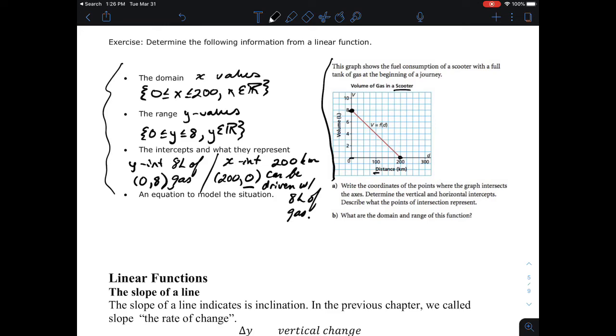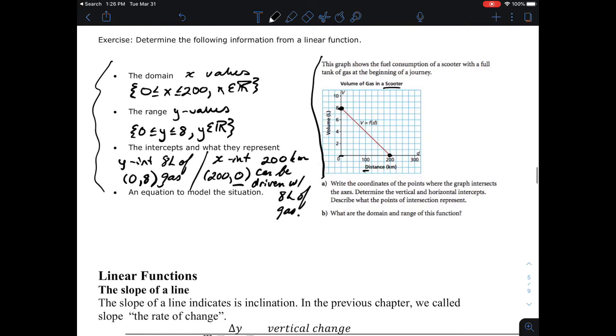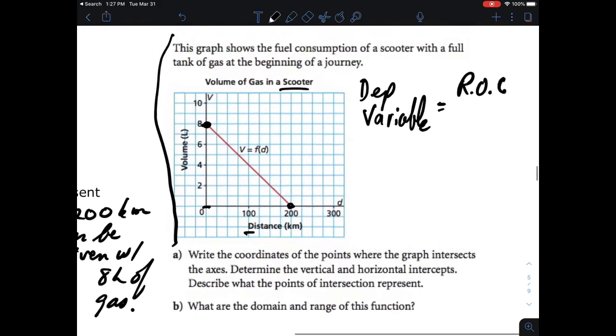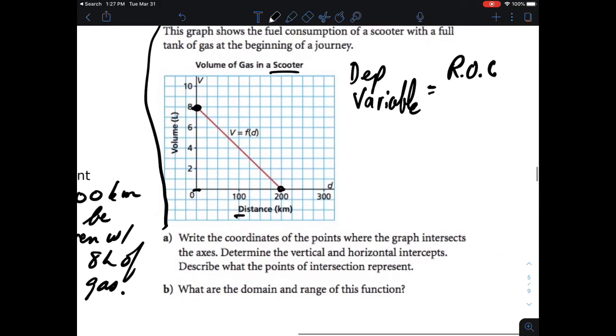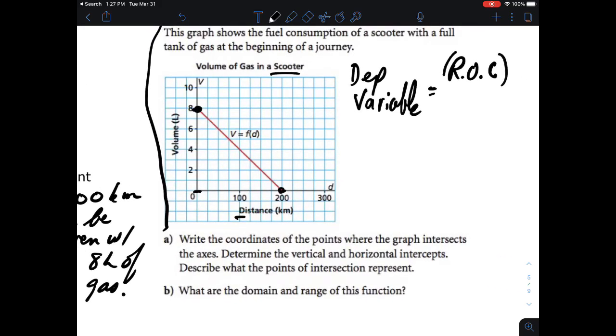And now the equation to model this. So I guess this is one of the first times we're seeing this, but if I'm going to write out an equation, in general, I write out that the dependent variable equals the rate of change times the independent variable.